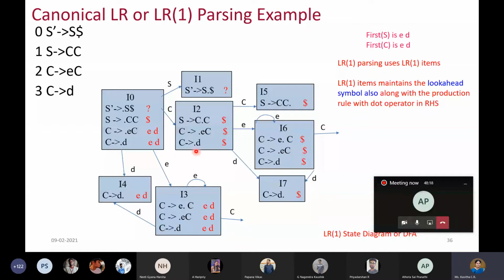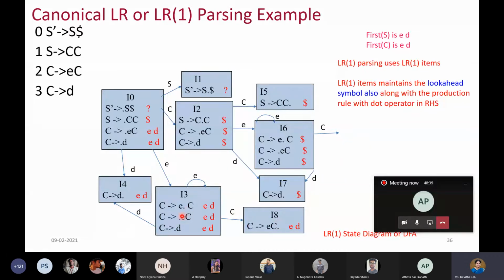Coming to I7, when you read D at I2, it is just that dot is moving, nothing is changing, and we don't have anything to expand also. Coming to I8, again we are going to read C, and whatever look ahead symbols we have got, the same thing will go on to the next state also.